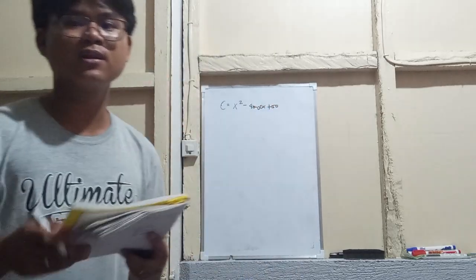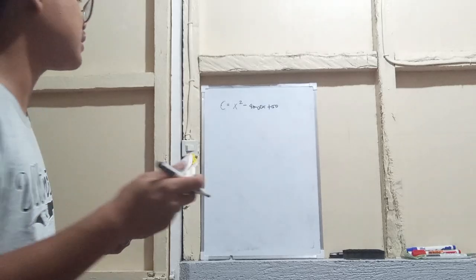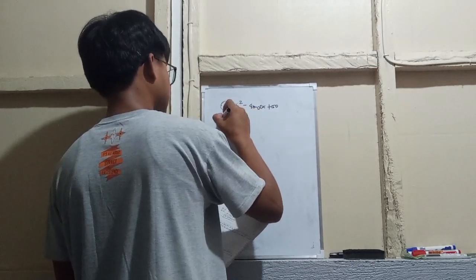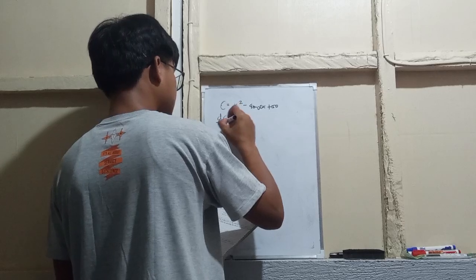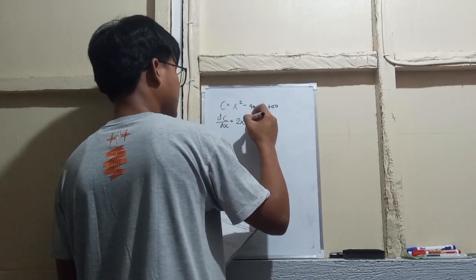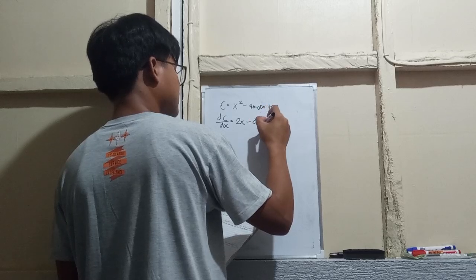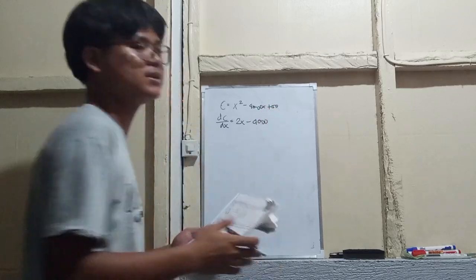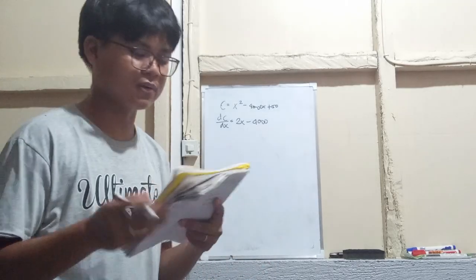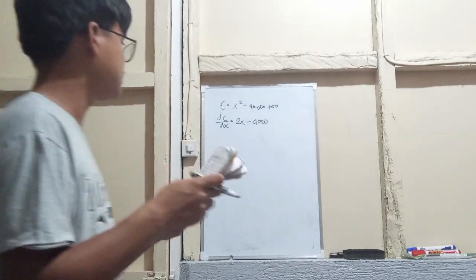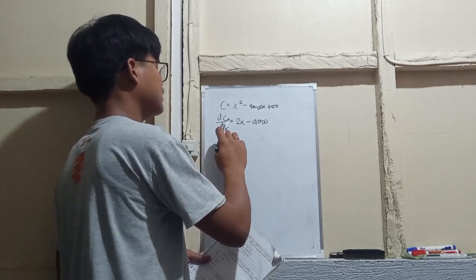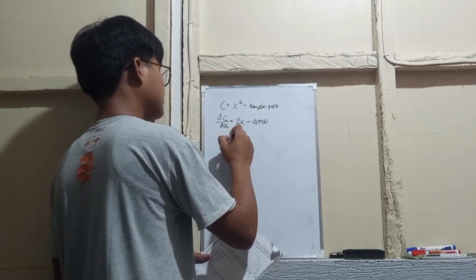So, first, we will differentiate the equation. So, dc over dx is equal to 2x minus 4000. We will not include the 50 because if you derive it, you will come up with 0. So, now we will equate dc over dx to 0.